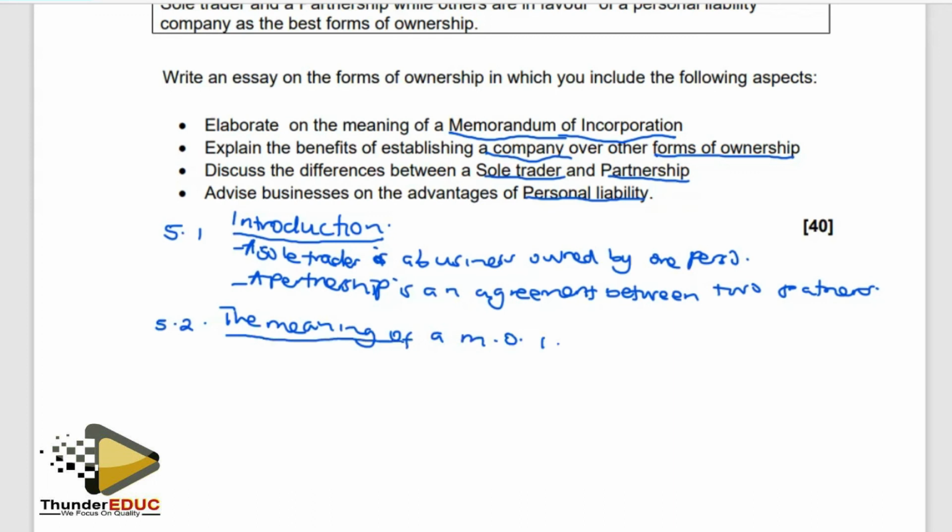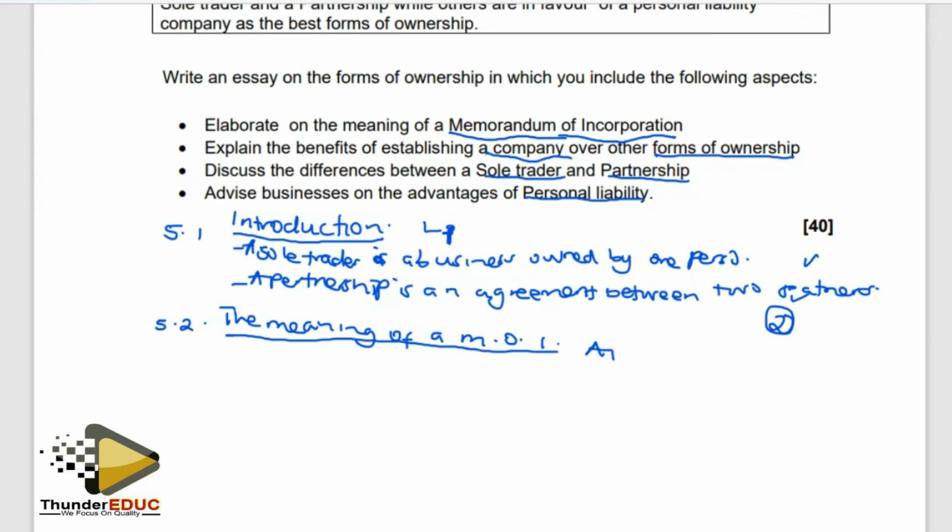You must give the heading. This one will give you layout 1. This one will give you 2 marks for introduction, and this one will give you analysis 1. By just writing this, we have all these marks already. The meaning of memorandum of incorporation.